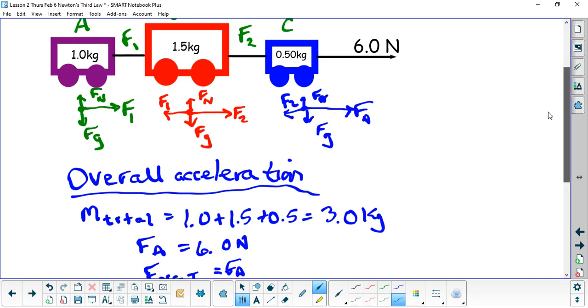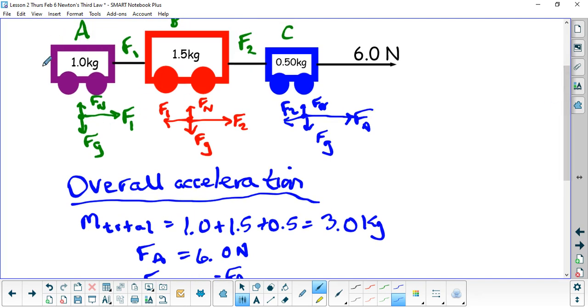So now I'm going to go back to cart A and think about cart A as an individual, because you'll notice as an individual, its net force statement is pretty straightforward. It has no friction, so the net force is equal to just this forwards force, this F1 pulling on it.